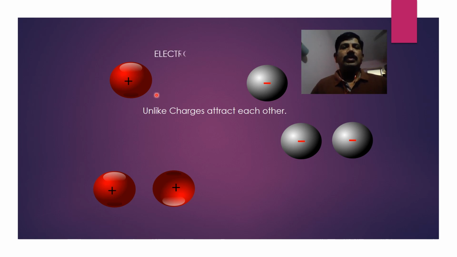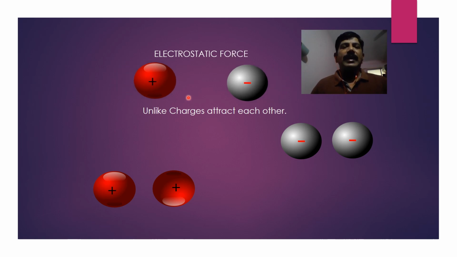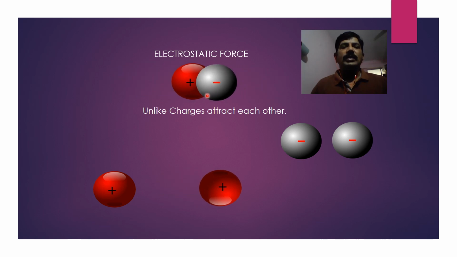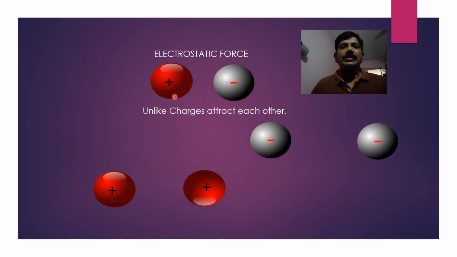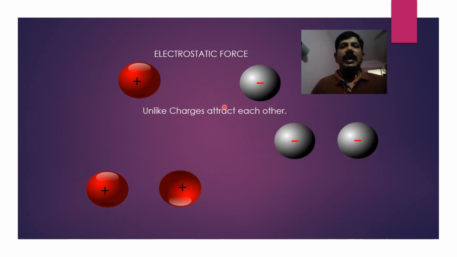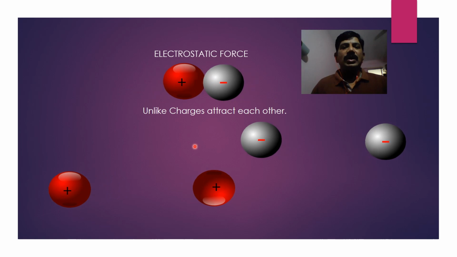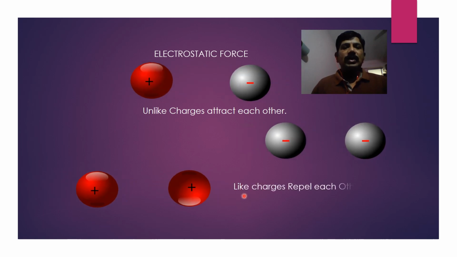See this one, plus and minus. So there is an attractive force present between two charged bodies. Here these two are unlike charges. These unlike charges are attracting each other. This is an example of electrostatic force. Here also see this one. These two are like charges.